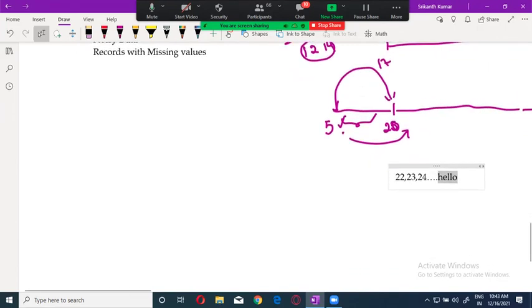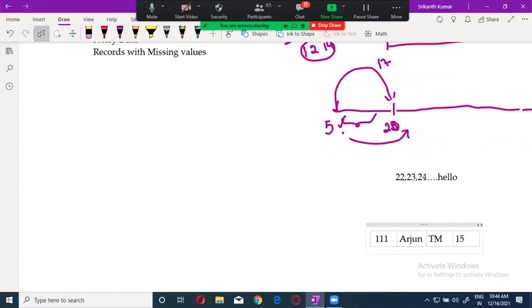Now there are records with missing values. Records, like you can take an employee record. Let's take employee number, employee name, I'm putting my name, and employee designation like TM, and employee salary or experience 15 years, something like that. This is a record.